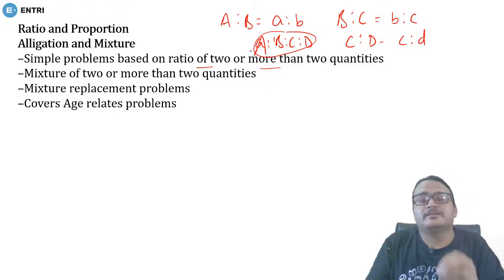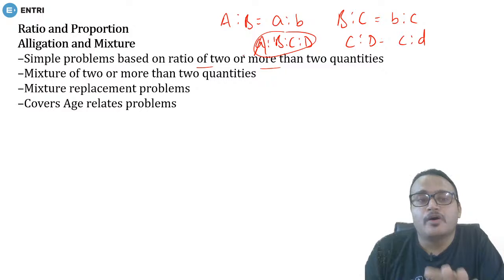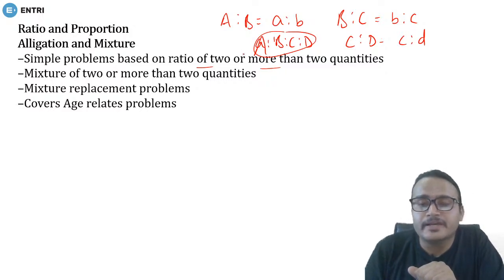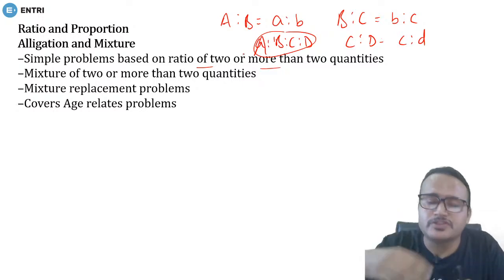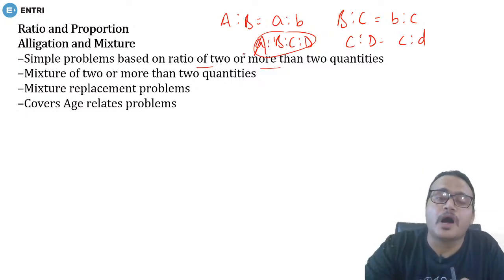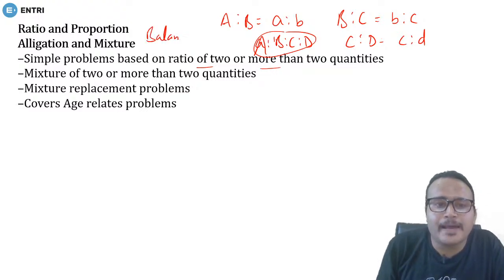So you may have this in the IBPS clerk level examination. Okay guys, the main thing I just want to say is that you must know how to balance the ratio.